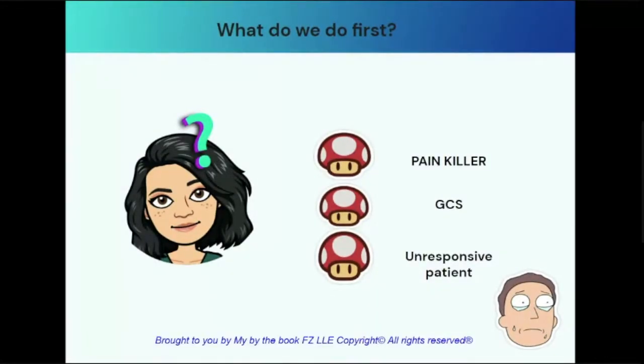What are we supposed to do first? Doctor, should I give the painkiller first? Doctor, should I do a GCS first? Or doctor, this patient was unresponsive when I entered and I didn't know what to do. If you find yourself in a situation like that, usually that stems from misinformation and not being prepared.